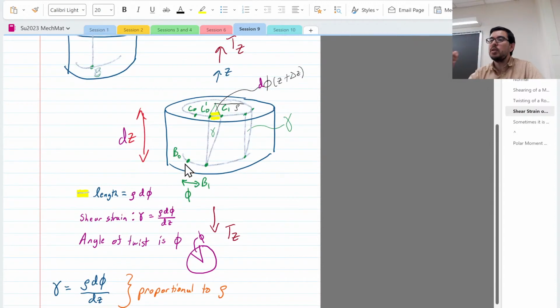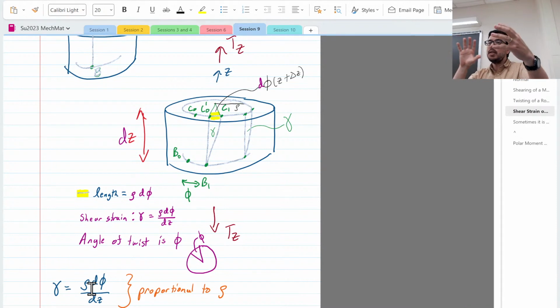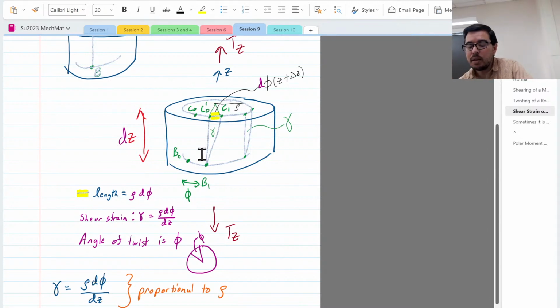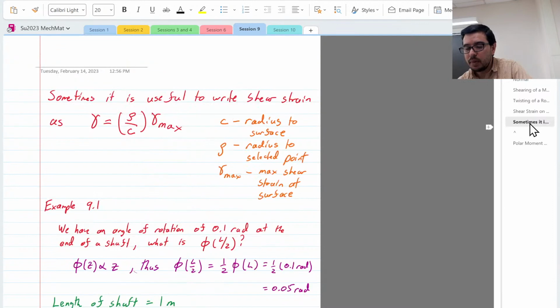If you're closer to the center of the circle, your rho is smaller, which means your shear strain is going to be less. As you get to the outskirts of a disk or a rod that's being twisted, to the outer surfaces, you get a higher shear strain. Inside, rho is small, so that local shear strain is small. Okay.